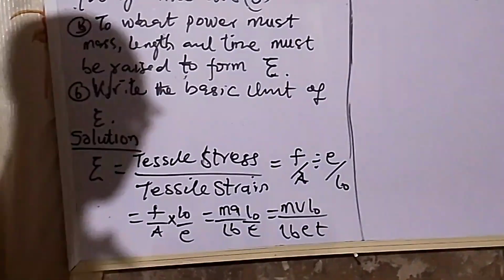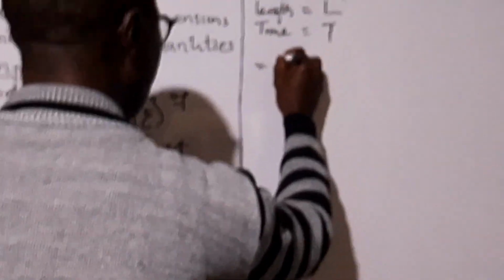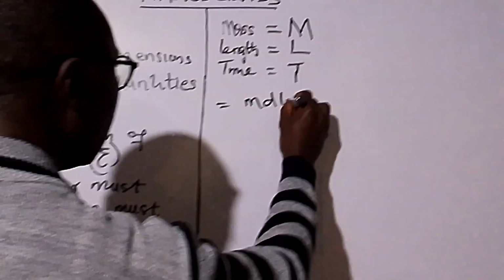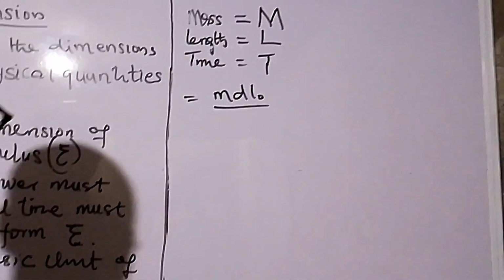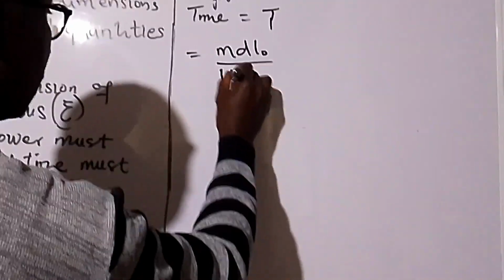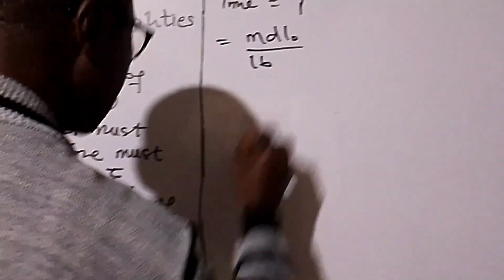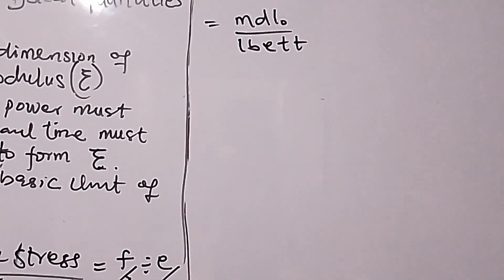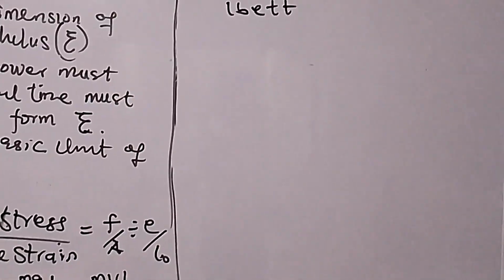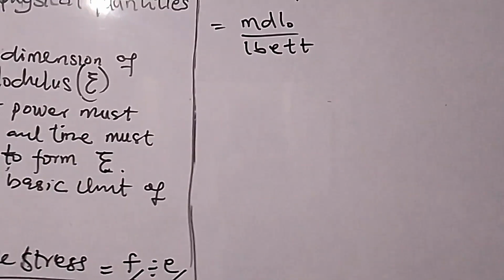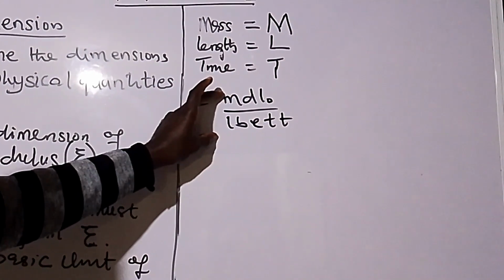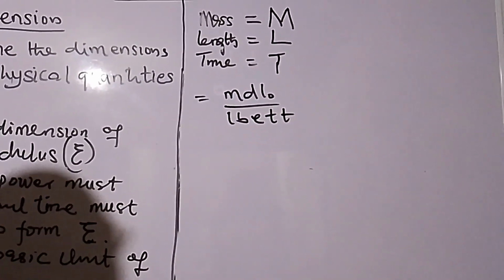There, velocity is still derived, so we need to reduce it. That will be m d L naught over l b e t t. Now, from what is written on the board, you can say that all the quantities here are fundamental.